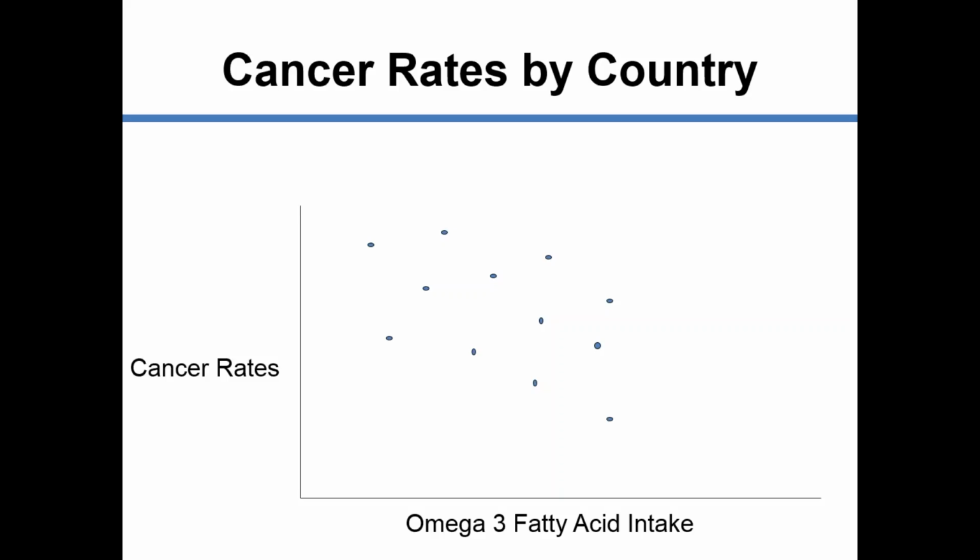So you have national fish consumption statistics versus overall country statistics, and suddenly you see these countries and you say, wow, in the USA, we have a higher cancer rate overall, and we have a lower intake of omega-3 fatty acids. So then you see this curve, and Michael Hill suggested this ecological study supports the hypothesis that omega-3 fatty acid intake decreases risks of cancer.